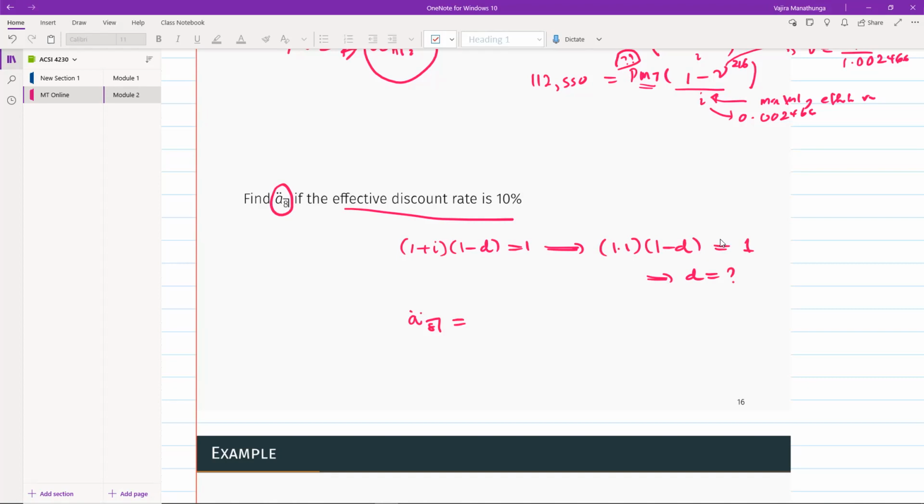We can calculate it. That's going to be (1 − v^8)/d. So 1 minus v, where v is defined as 1 over 1 plus i.